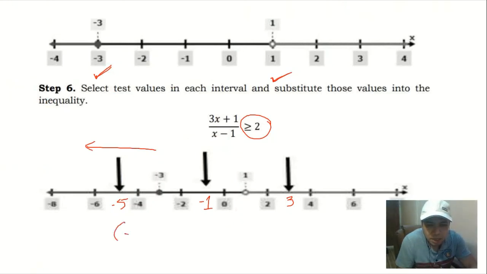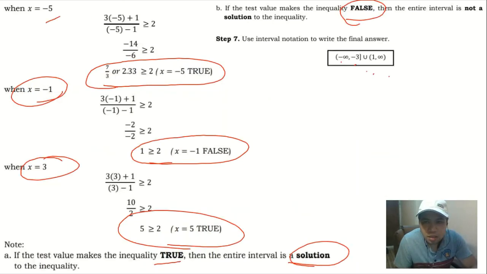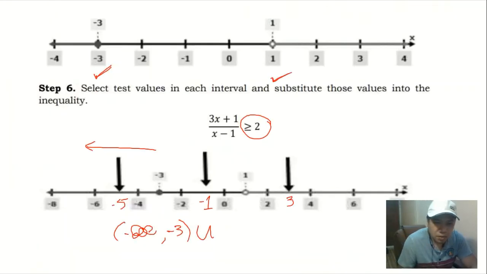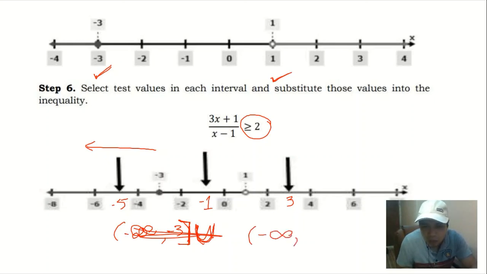Kaya, sabi, -infinity to -3, then union, 1 to +infinity. Yan. Close bracket kasi kasama siya. Union is U lang. Ulit natin. So, -infinity to -3, close bracket, union.